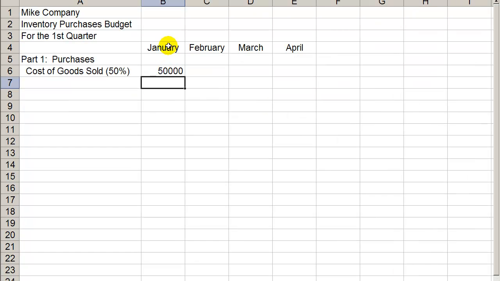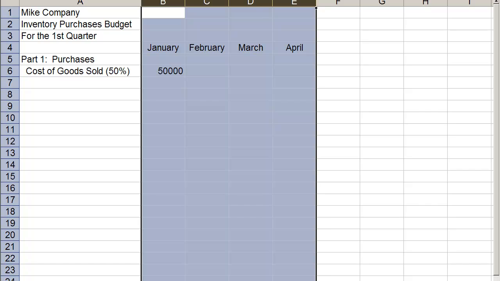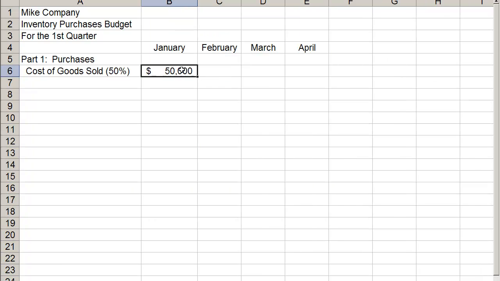Hit enter. Again, we can simply copy that same formula over. For February, it's equal to 0.5 times your sales for February. And we'll do the same thing, just copy the formula over for March and April.